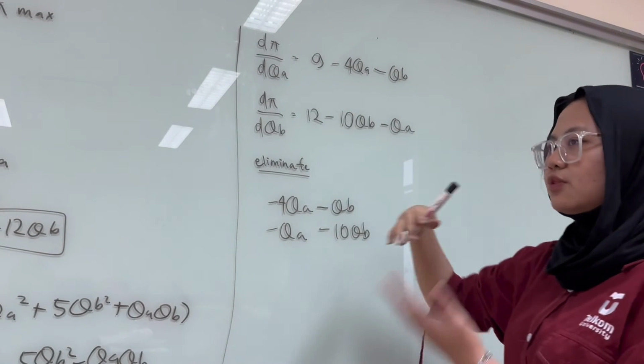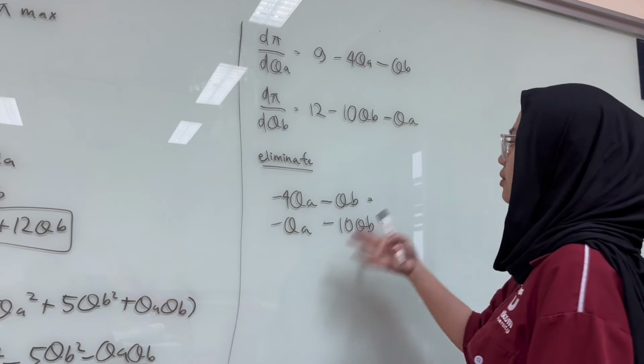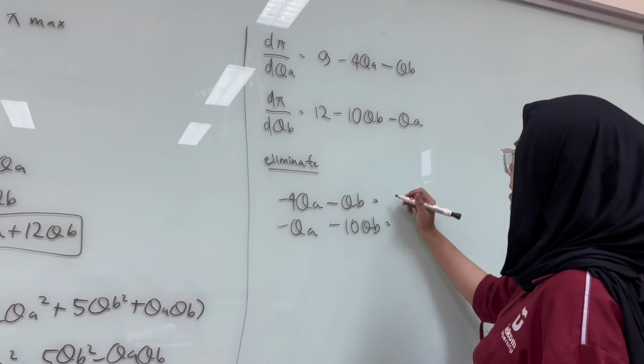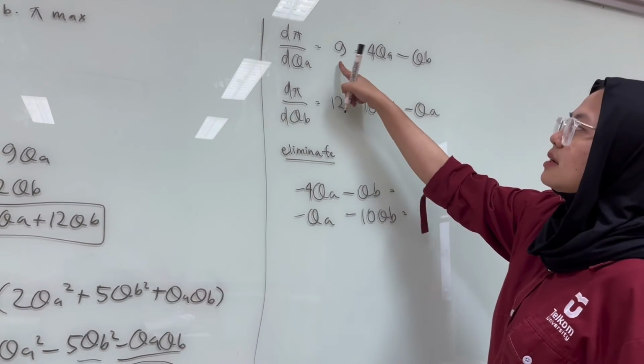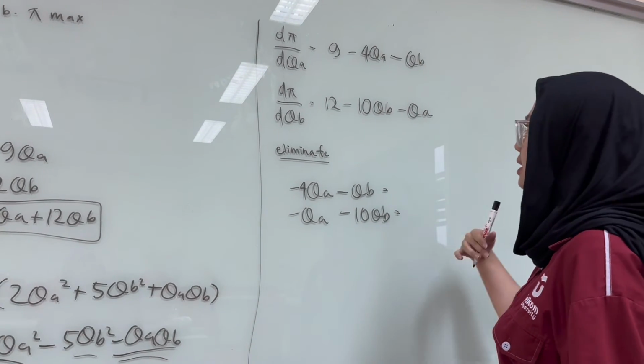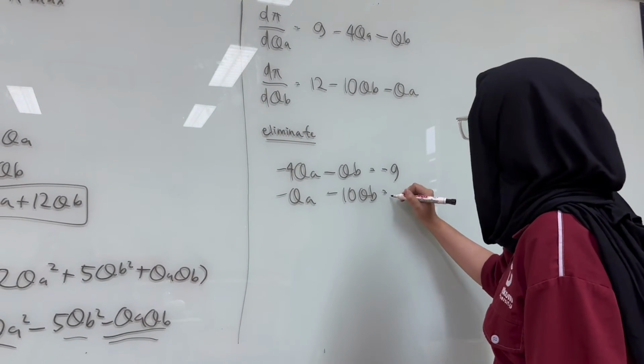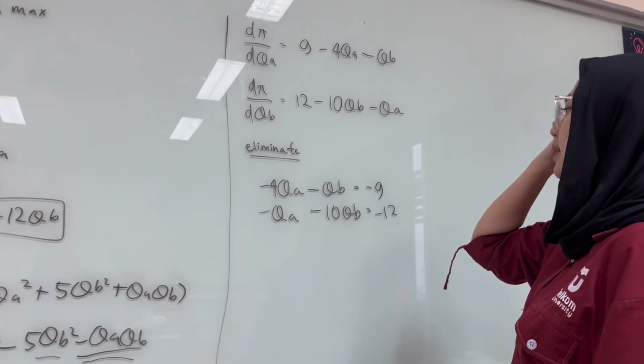This we move to the left side, and because this is a plus, when we move it to the left side, we add the minus.